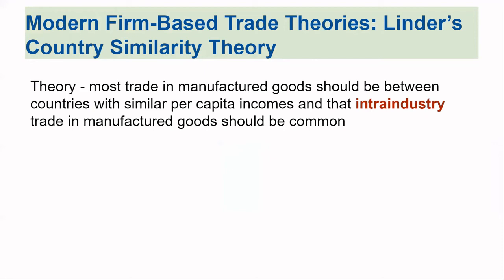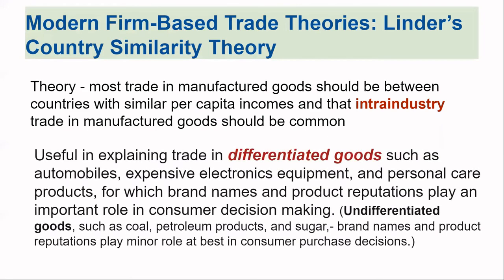So in this country similarity theory, the theory states that most trade in manufactured goods should be between countries with similar per capita incomes, and that intra-industry trade in manufactured goods should be common. So if they have similar per capita incomes, then intra-industry trade will flourish.